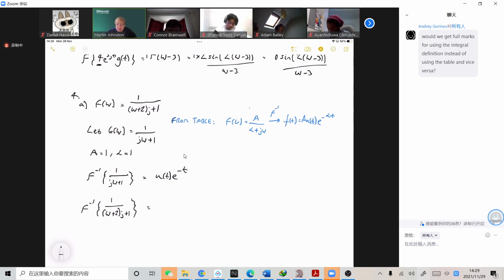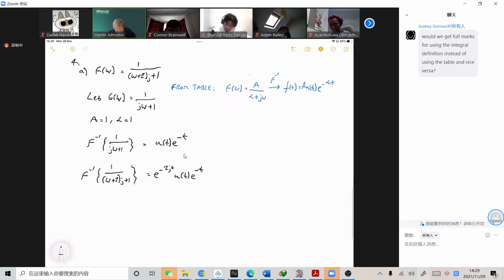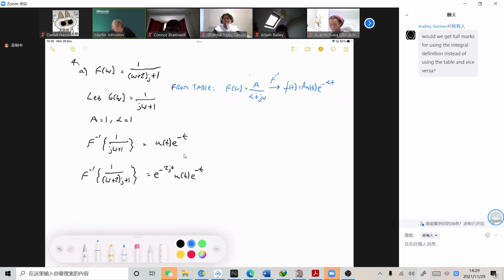So equivalently, we need to multiply u of t times e to minus t by e to the minus 2jt. So e to the minus 2jt times u of t e to the minus t. Okay, and that's because we replace omega with omega plus 2.